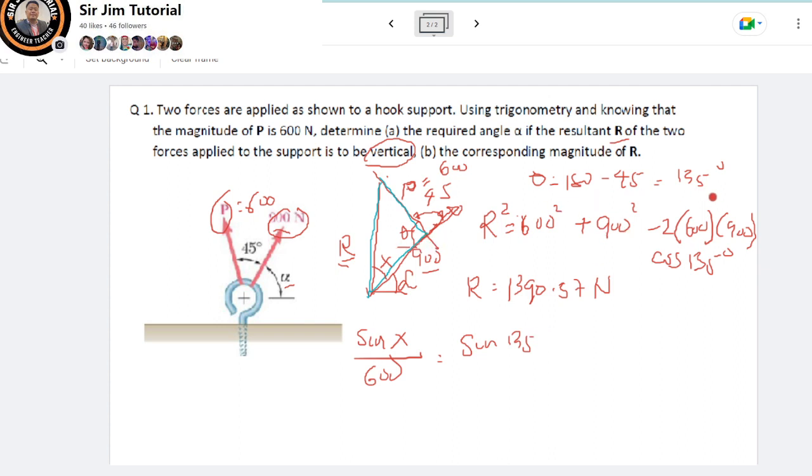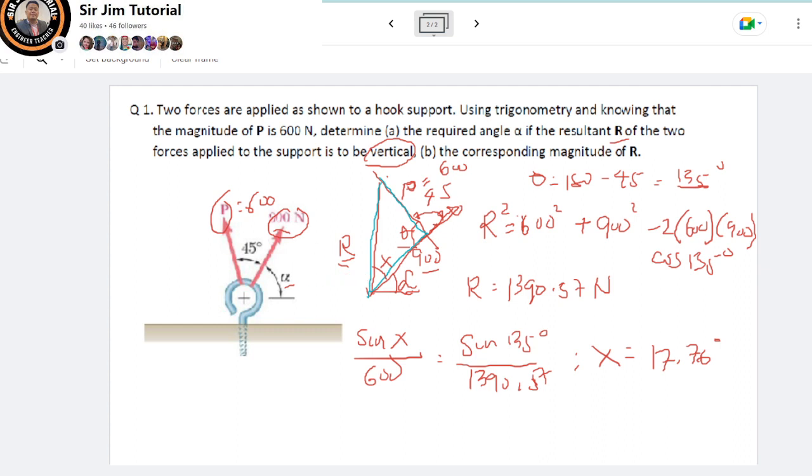This is theta, which we already calculated here. So therefore, X here could be calculated as 17.76 degrees.